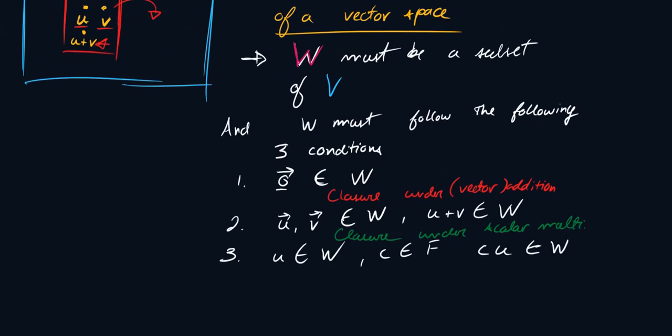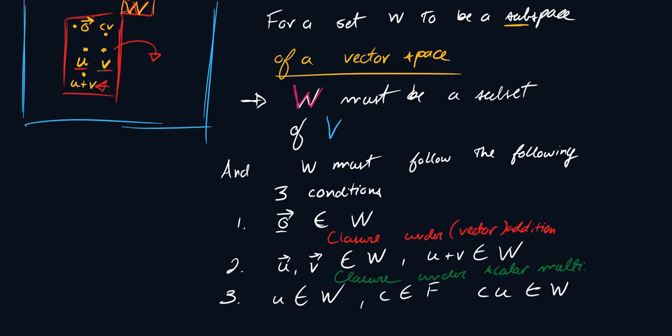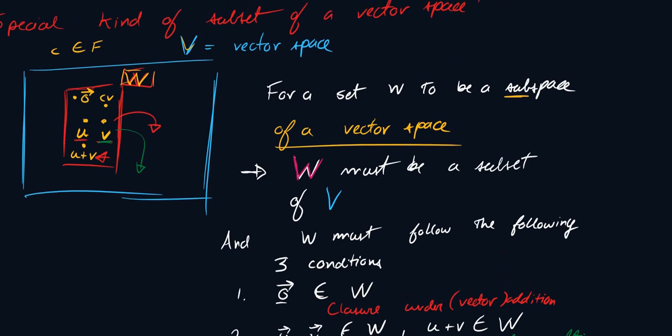Again, if I take an element u and scalar multiply it by C, it won't end up somewhere here in my vector space V. Rather, it'll stay within; it'll stay closed. It's like W is a box that keeps all of its elements inside. That's the gist of it.